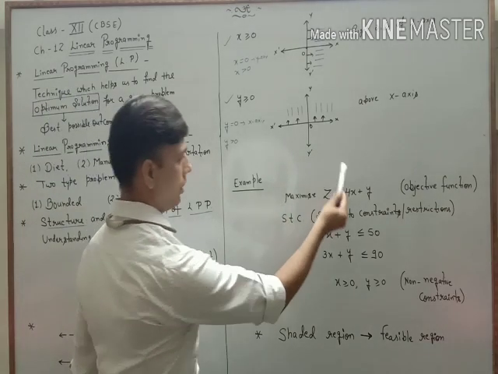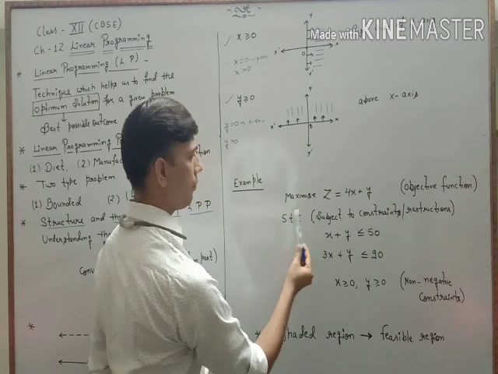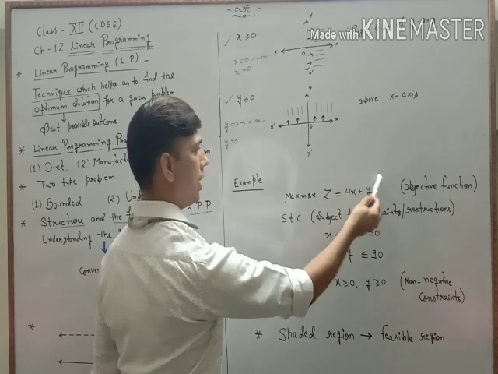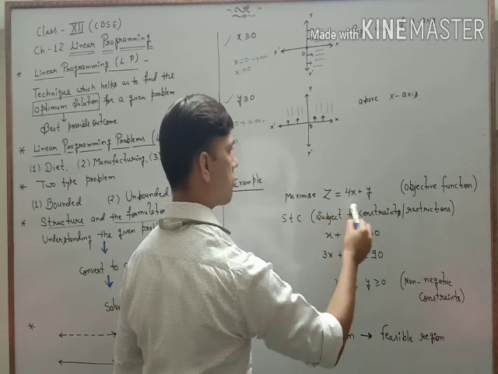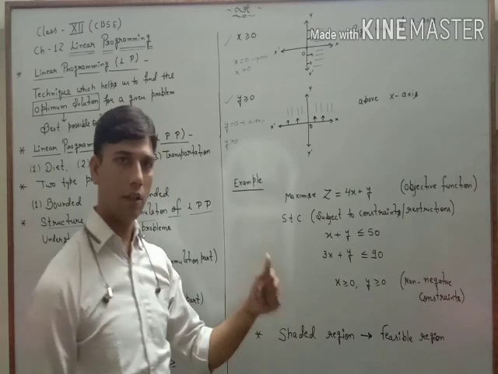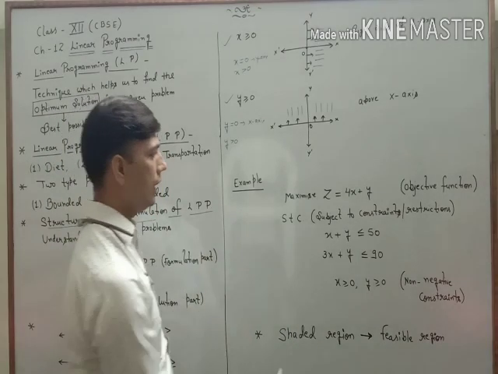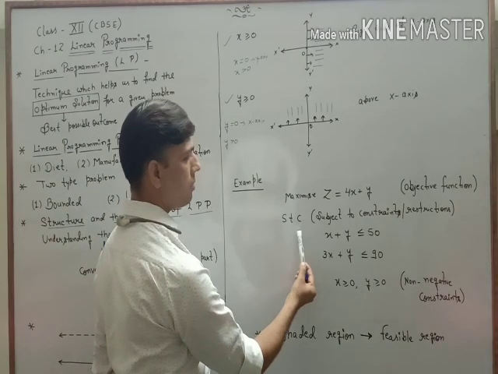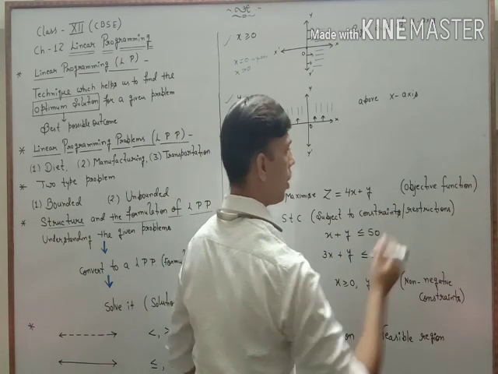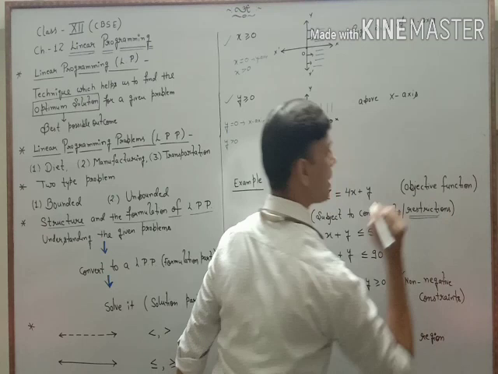See, this is the mathematical formulation. Maximize z is equal to 4x plus y. Now this function is called objective function. Am I clear? Objective function. Now STC means subject to constraints. Constraints, or you can say in other words restrictions.